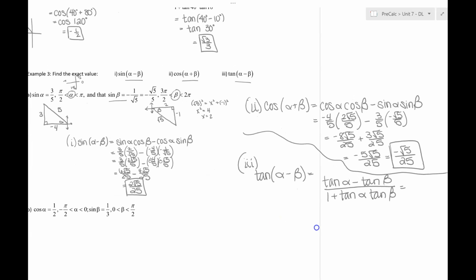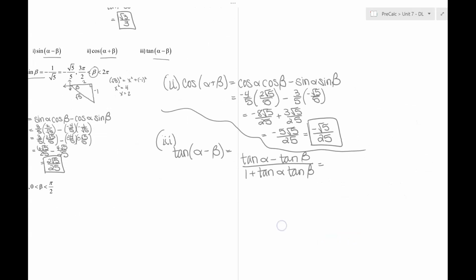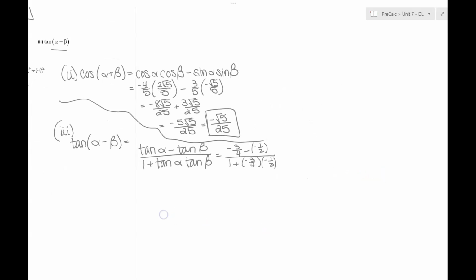Okay, so tangent of alpha, if we go back to the original triangle, it's opposite over adjacent, is a negative 3/4, minus tangent of beta, which is a negative 1/2, all over 1 plus negative 3/4 times a negative 1/2.